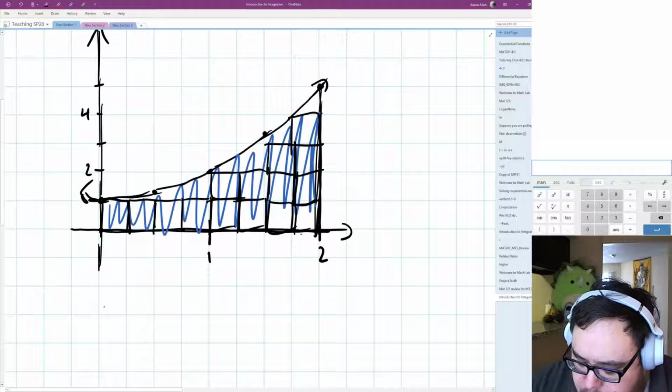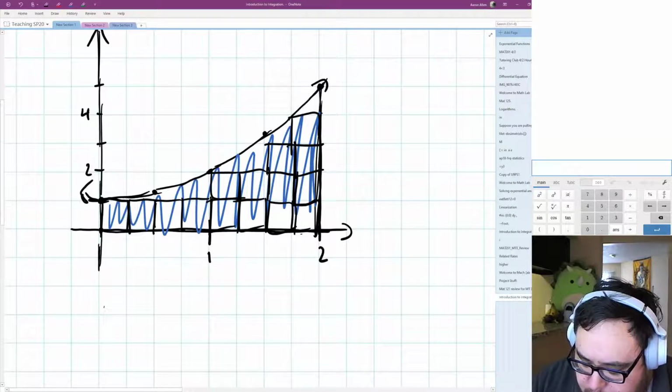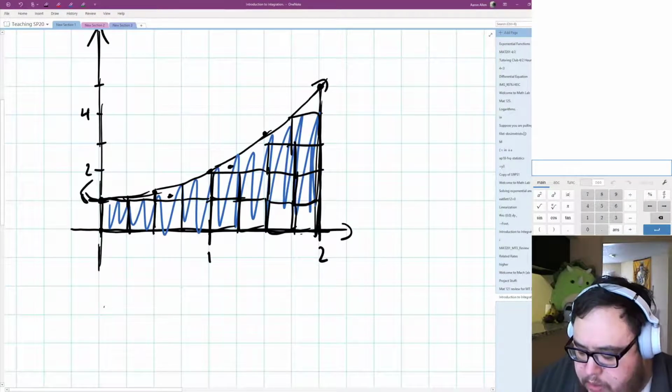Maybe that's almost a full square. And then we can estimate these by saying this one and this one approximately make a full square. Maybe this one here and this one here make a full square, etc. And we could just add stuff up like that.